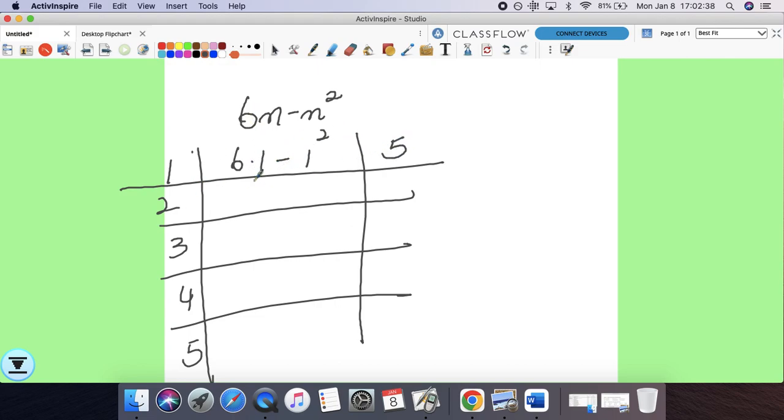The second term would be 6 times 2 minus 2 squared. 2 squared is 4, so we get 12 minus 4, so we get 8. 6 times 3 minus 3 squared. 3 squared is 9. 6 times 3 is 18, and 18 minus 9 is just 9.